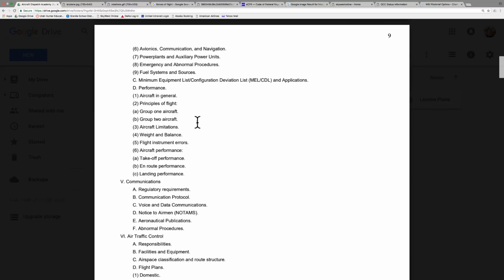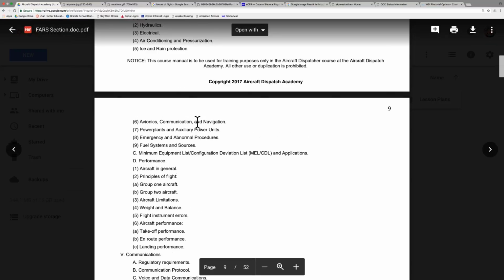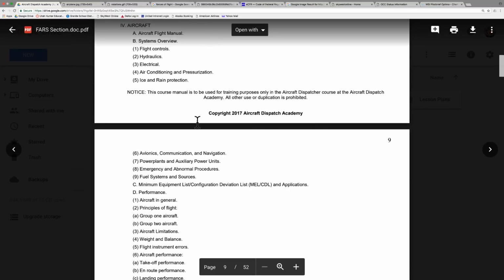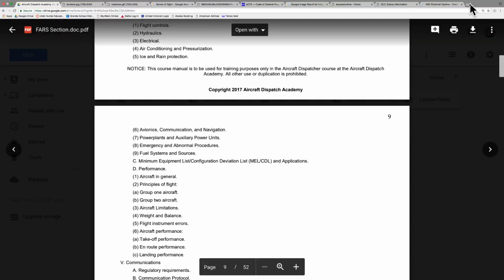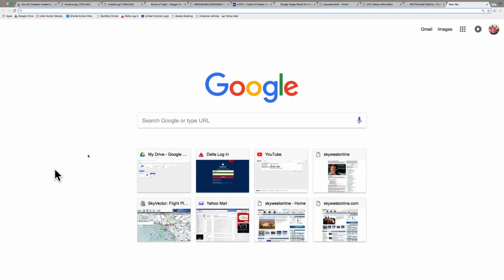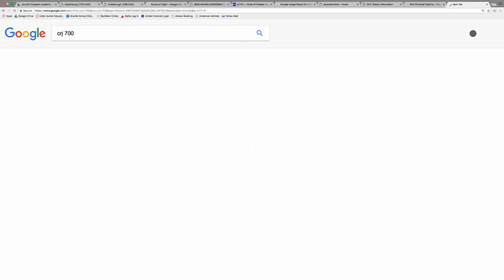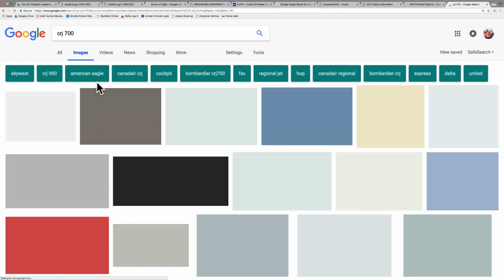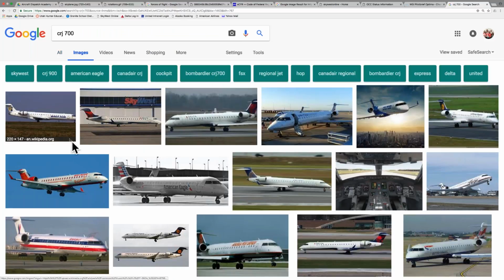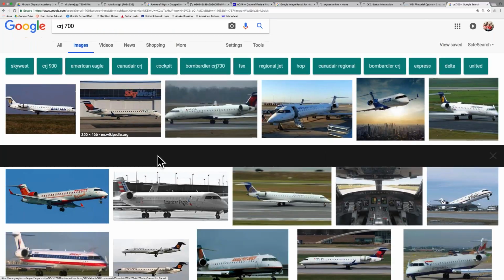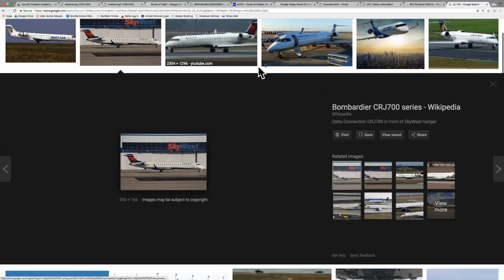But yeah, we'll talk about the CRJ 700 just so you guys can see what a CRJ 700 looks like. Let's pull one up real quick. I'll show you guys what they look like. So this is in fact, there you go, SkyWest.